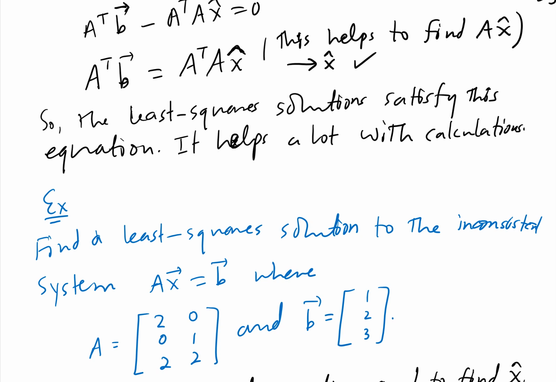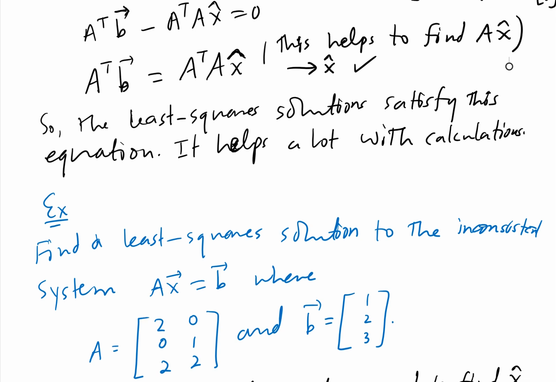So now we move down to this example. Find the least squares solution to the inconsistent system Ax equals b, where A is given and b is given. So what do we need to do here? We need to find vector x hat, which is the approximation we're looking for.